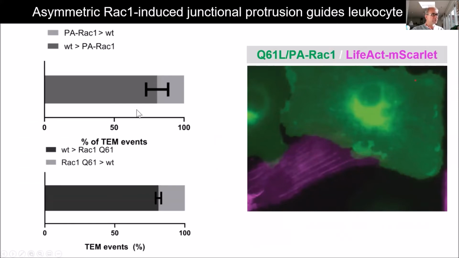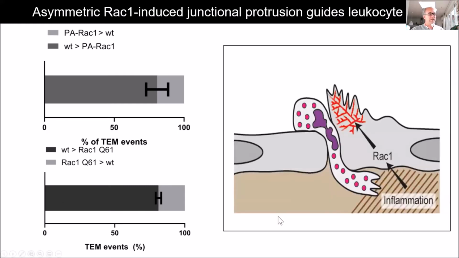And indeed, we could see that the preference of the neutrophils was that they moved underneath the cell that showed the large protrusion. And in that direction, in both cases, whether we had photoactivatable Rac or Rac-Q61, we had about 80% neutrophils that crossed the endothelial monolayer, the junction, in that direction. Making it this movement that neutrophils make to cross the endothelial monolayer.